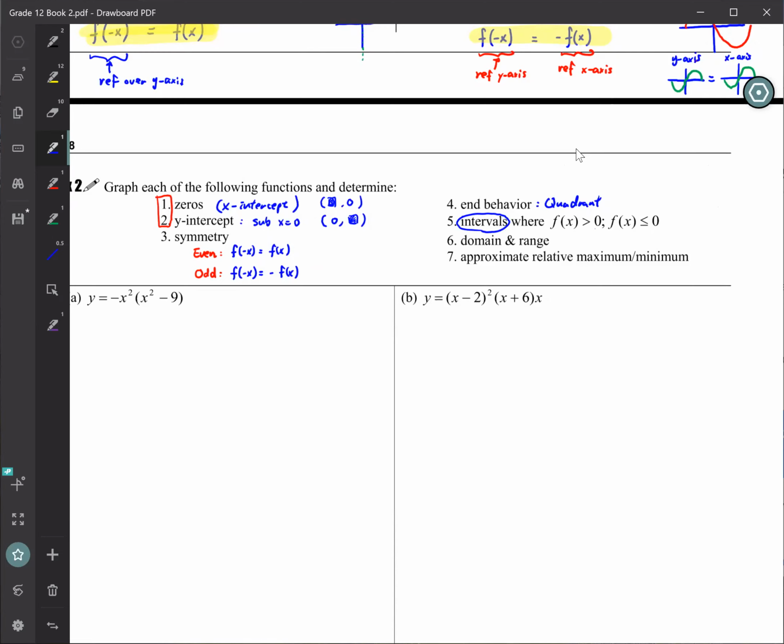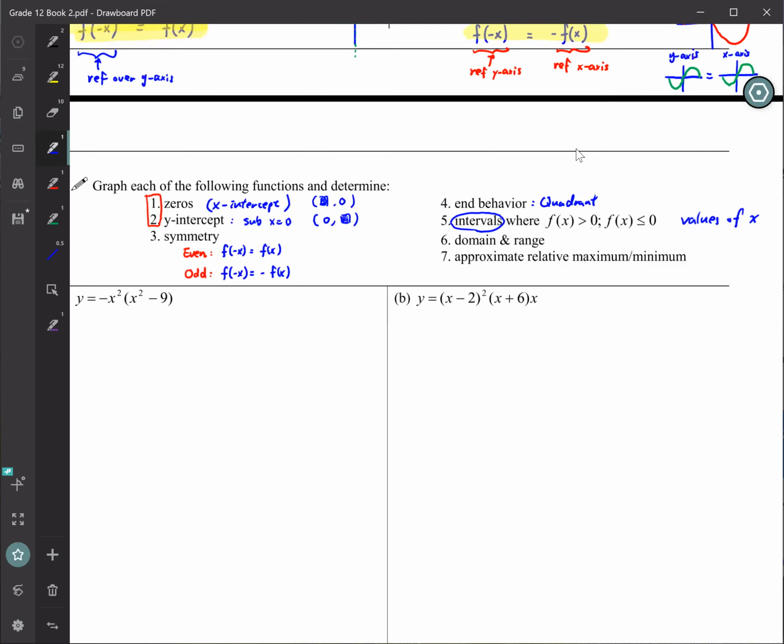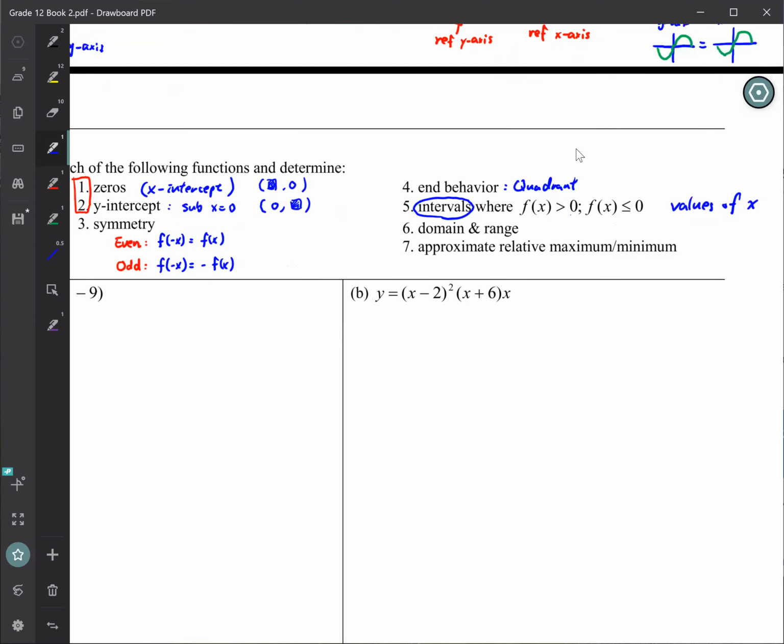So the interval, or you can say the values of x, okay? We are looking for values of x where the graph is above the 0. Greater means above the 0, and the other one is below.